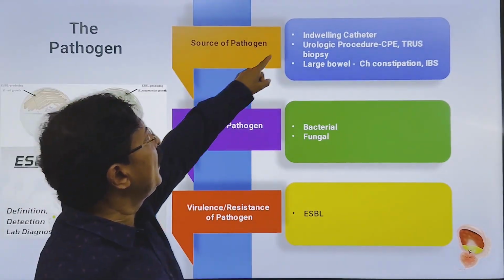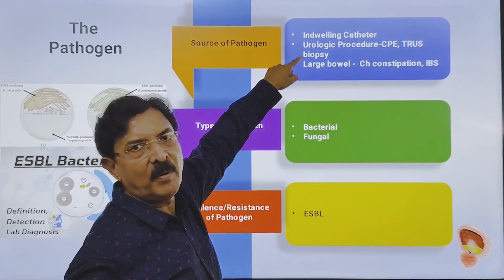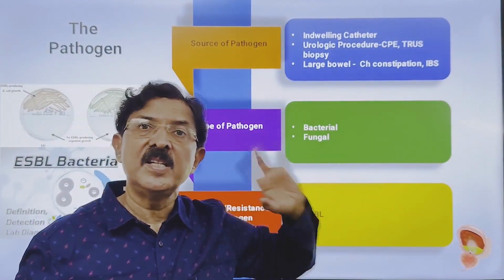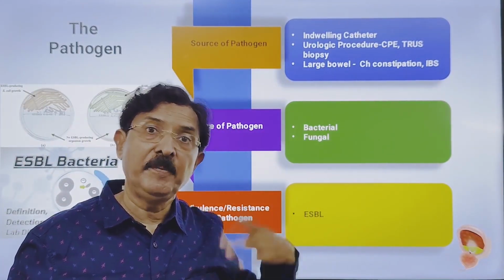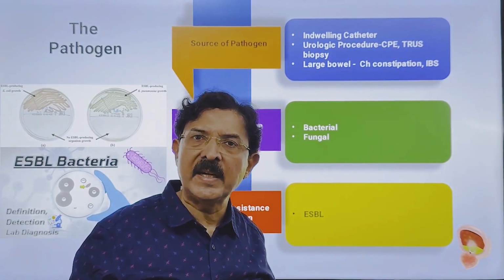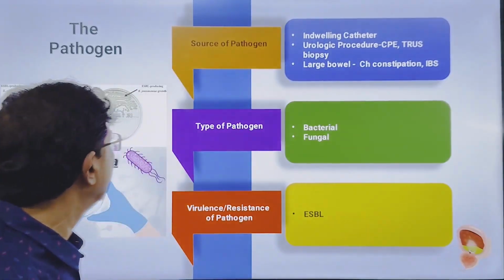So just by knowing how the pathogen entered, you can have an idea about the susceptibility of that pathogen, the resistance pattern, the type of pathogen, right? Say for instance, E. coli you get community acquired, but Pseudomonas and Klebsiella you get in a hospital, right?